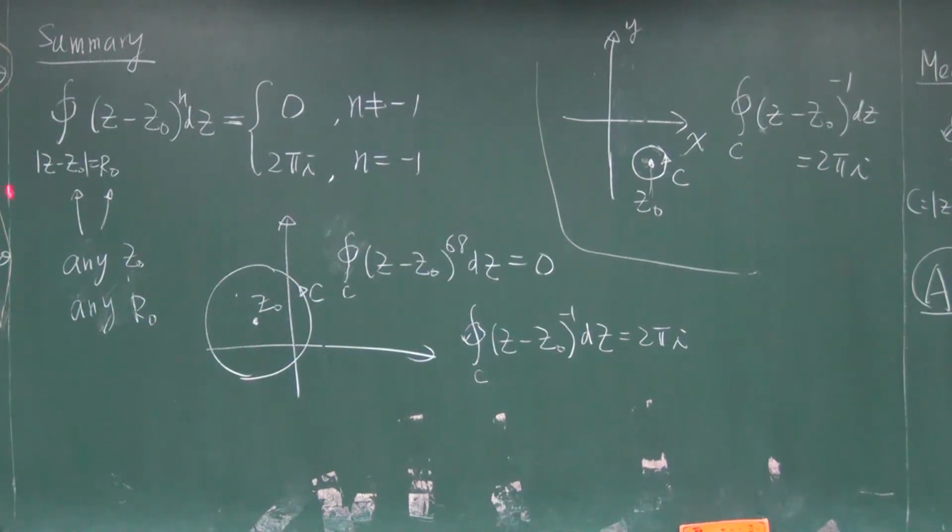Then if n not equal to minus 1, we have the result equals 0 in example 1. And if n equal to minus 1, we have the result equal to 2 pi I here.